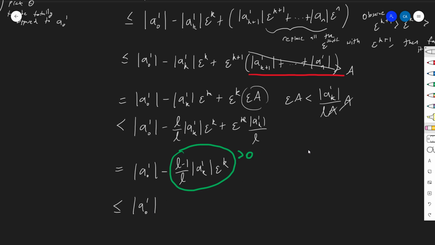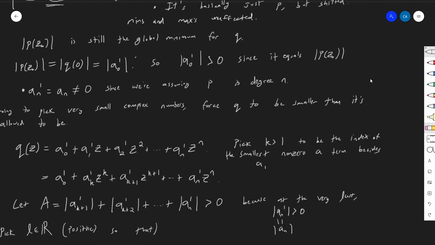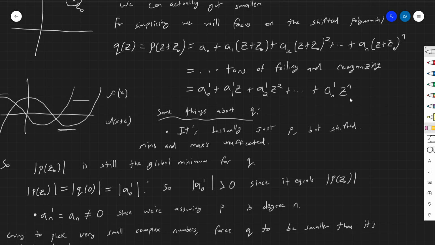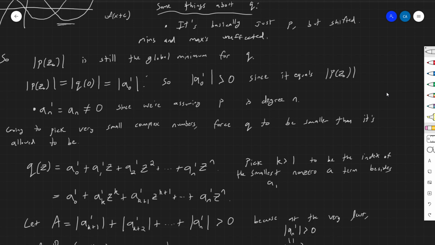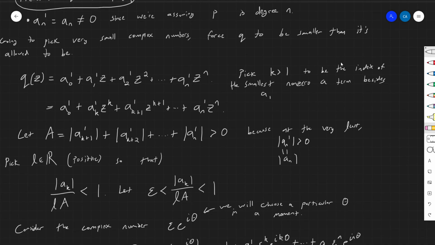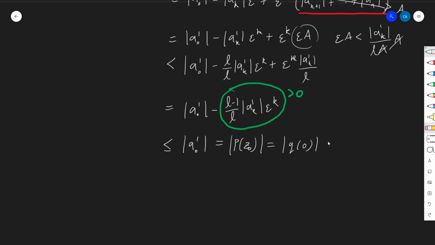Now, what is a0 prime? This is the punchline. I mentioned this guy before. a0 prime is equal to p of z0. It's the minimum. Or rather, if you'd rather, it's q of 0. It's all those things.